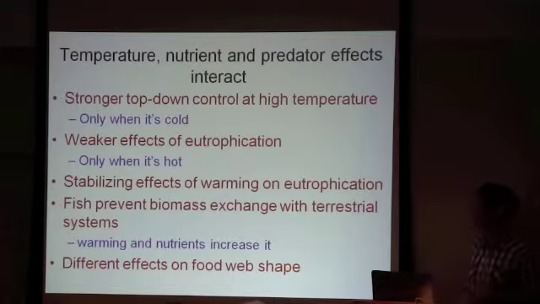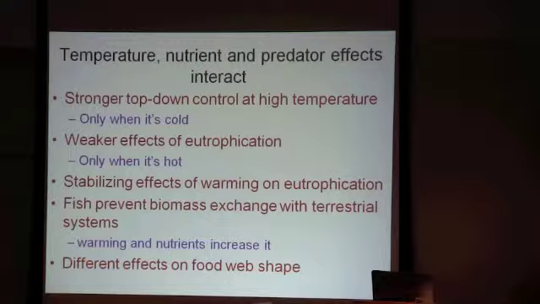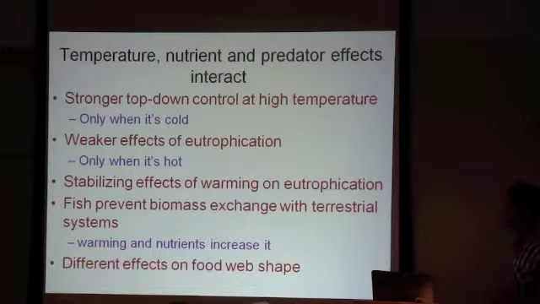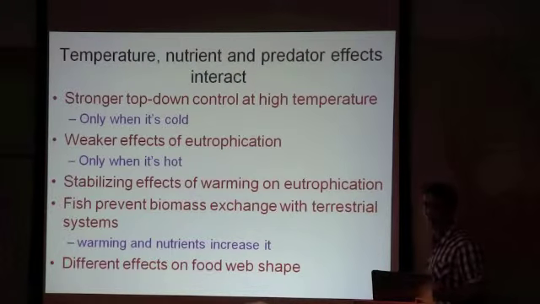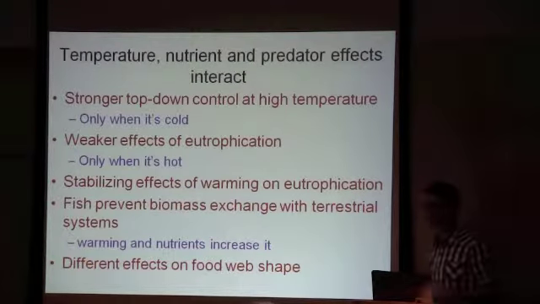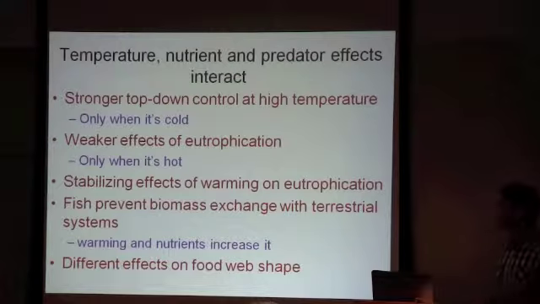So the conclusion from this experiment then is that we saw stronger top-down control, stronger trophic cascades at higher temperatures in ponds. So warming amplified trophic cascades, but only during the cold time of the year, not during the warm time of the year. We saw weaker effects of eutrophication, smaller effects of nutrients, but only during the summer, during the hot time of the year. We saw stabilizing effects of warming on eutrophication.